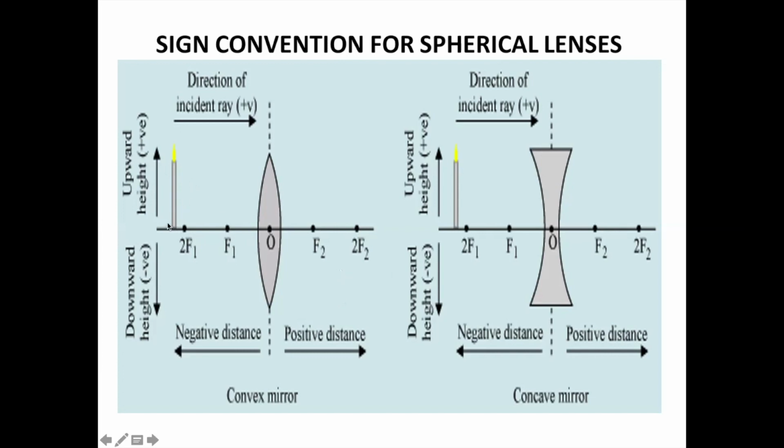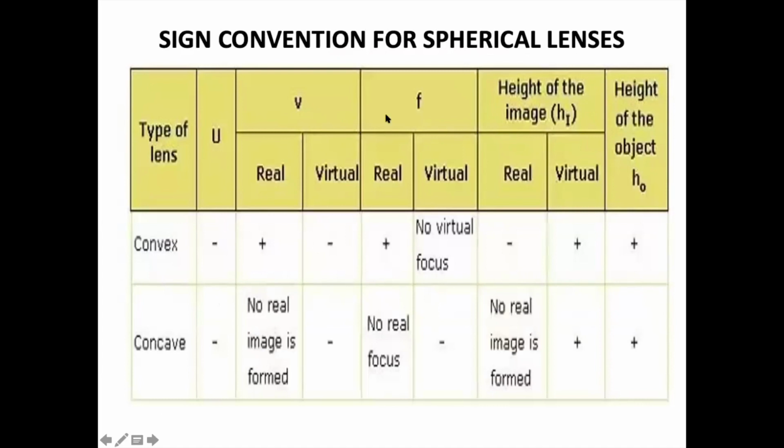The height above the principal axis is considered positive, and for an image formed below the principal axis, the height is always taken as negative. This holds whether it is a convex lens or a concave lens. So again, I have repeated the sign convention for the spherical lens. Just go through this again.